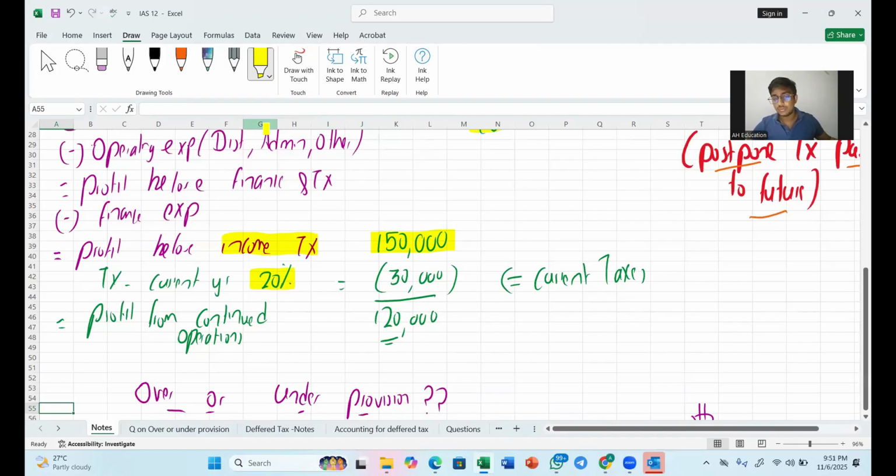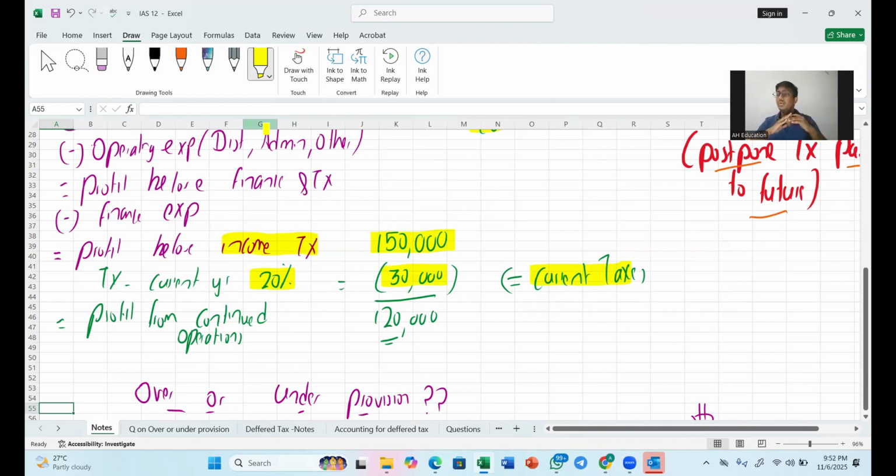In this case, it is 20%. So 150,000 at 20% will give you an income tax expense of 30,000 for your current financial year, right? So 30,000 is the entire payment that we thought we needed to pay to the tax department.